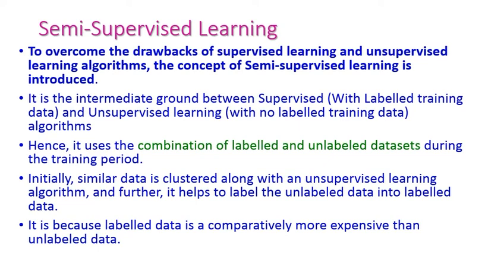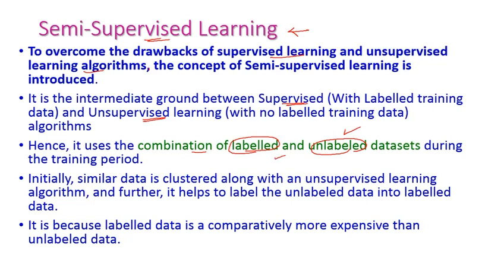Semi-supervised learning is another important learning methodology to overcome the drawbacks of supervised and unsupervised learning algorithms. Here, semi-supervised learning lies between the supervised and unsupervised learning methods. That means it uses a combination of labeled and unlabeled data sets for training the model.